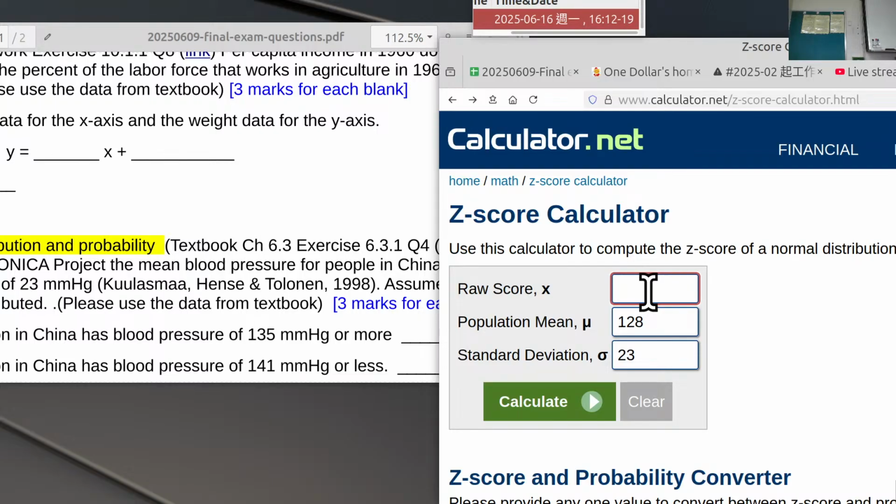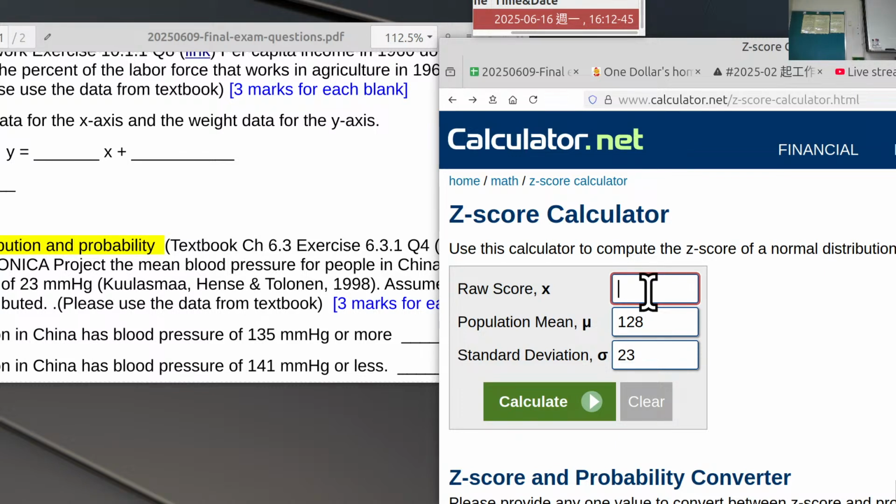Can you tell me the number? Type the result of 128 plus 23, which will be 151. Please type 151 and tell me the z-score.